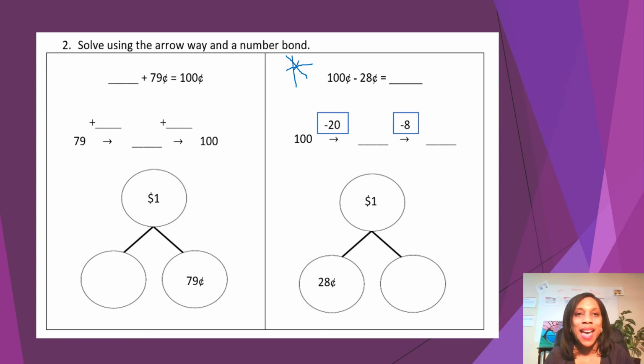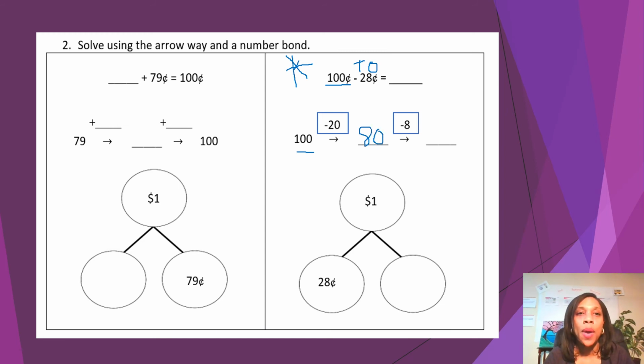The way that I will tackle this one is I know what number I'm starting with, 100. I know what I'm taking from it, 28. I would break 28 up into tens and ones. If I have 100 and I take away 2 tens, 20, I will end up with 80.